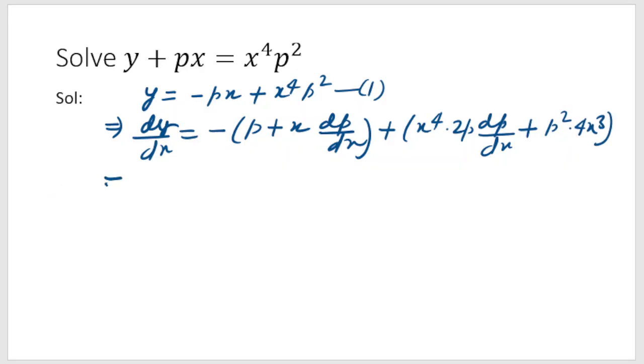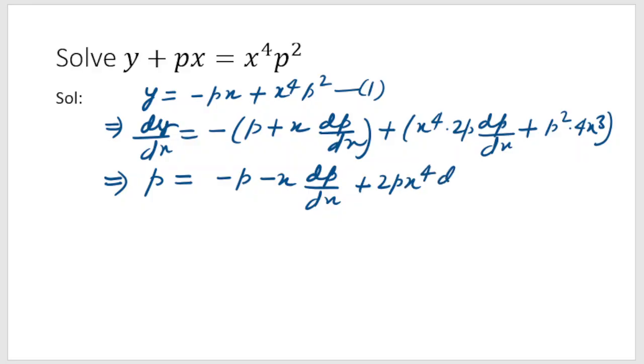So dy by dx can be replaced by p, and here we have minus p plus, not plus, it will also be minus. So minus p and minus x dp by dx. Here I have 2p x to the power 4 dp by dx, and the last term is 4p square x to the power 3.